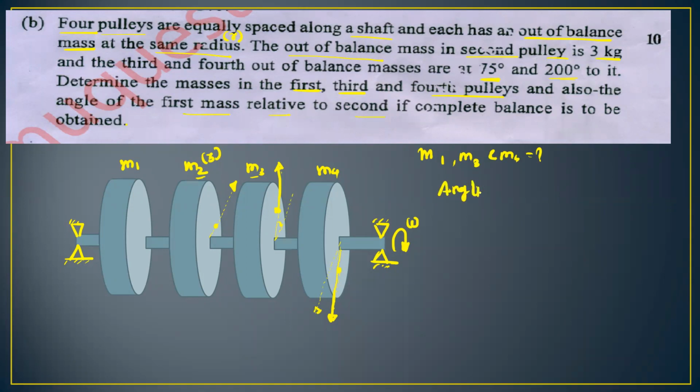So angular position of m1 with respect to mass m2. Okay, so we will convert this actual diagram into the point mass diagram. So we will draw the plane position diagram and the angular position diagram.